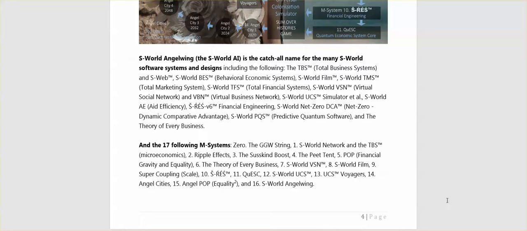Okay, so TBS, Total Business Systems, S-Web, that's whatever on the web. Behavioral Economic Systems, S-World Film, Total Marketing System, Total Financial Systems, Virtual Social Network, Virtual Business Network, UCS, Universal Colonization Simulator, et al.